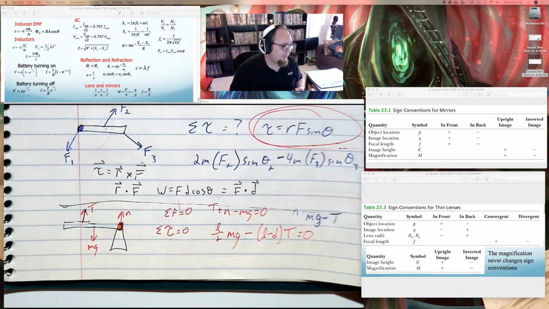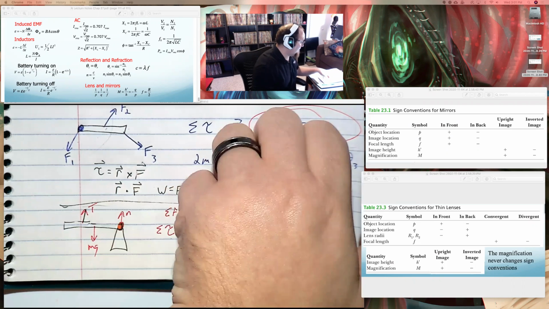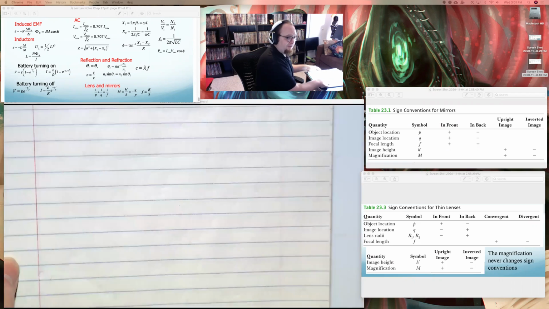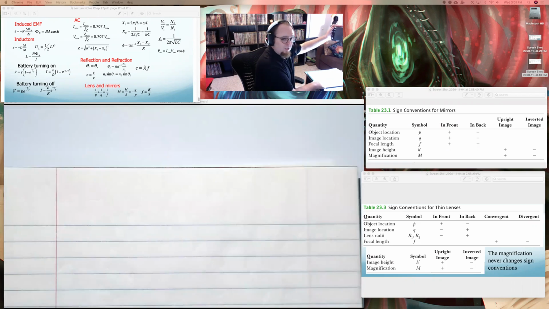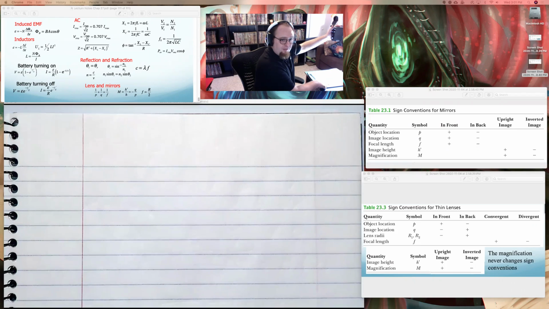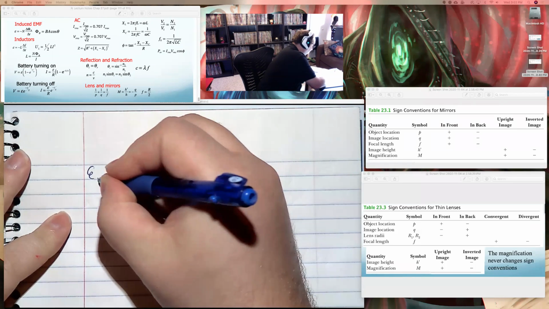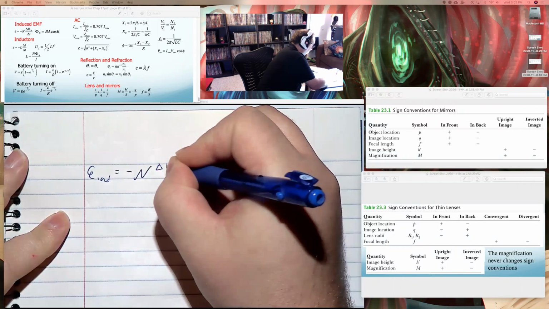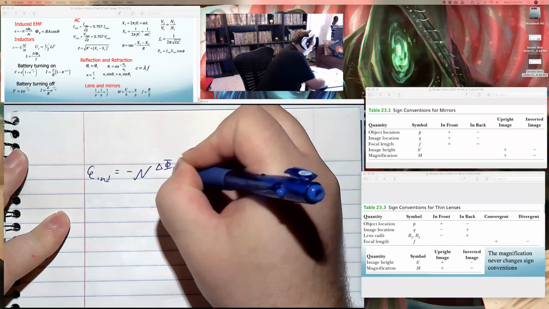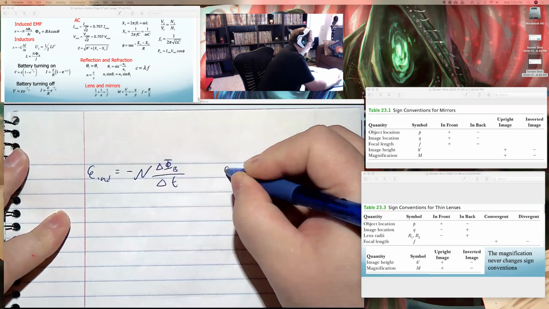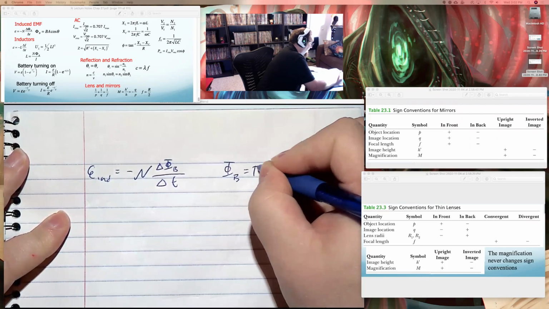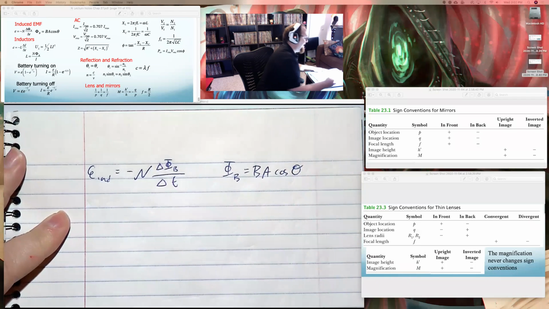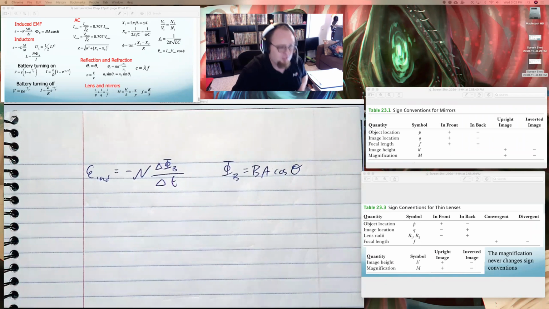And questions from that chapter were mostly about the idea that if you have a changing magnetic flux, you will induce an EMF, where the EMF induced is negative N change in magnetic flux over change in time, where magnetic flux is B A cosine of the angle between B and the direction normal to the area.